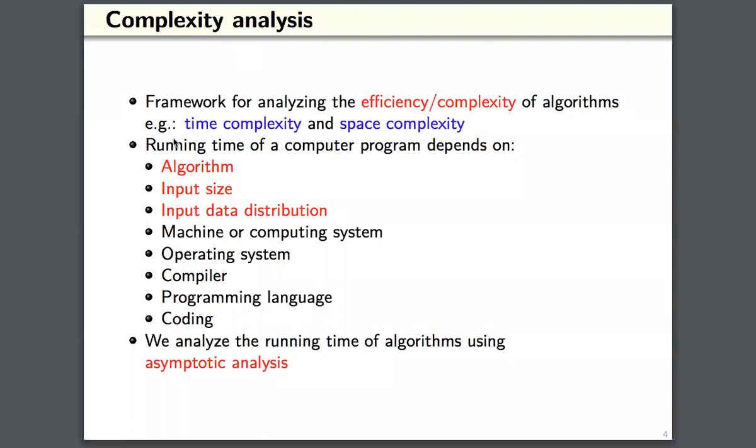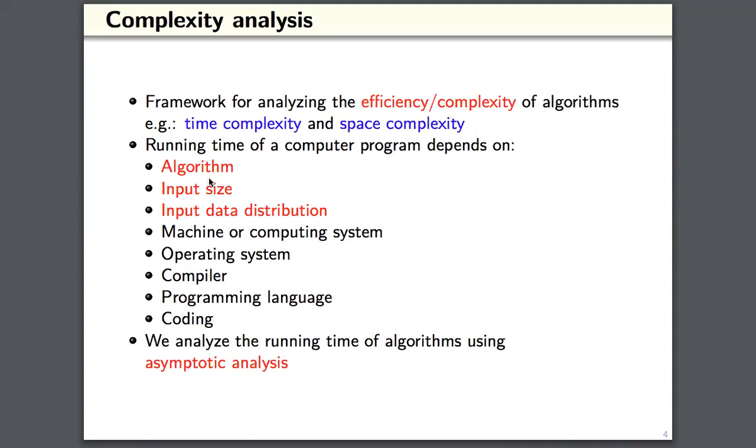As we already discussed, the running time of a computer program depends on the algorithm itself. If there are 10 different algorithms to solve the same problem, I mean, you want to fix your problem, right? Fixing your problem, there can be 10, 20 different algorithms to solve the same problem. The runtime varies based on the algorithm.